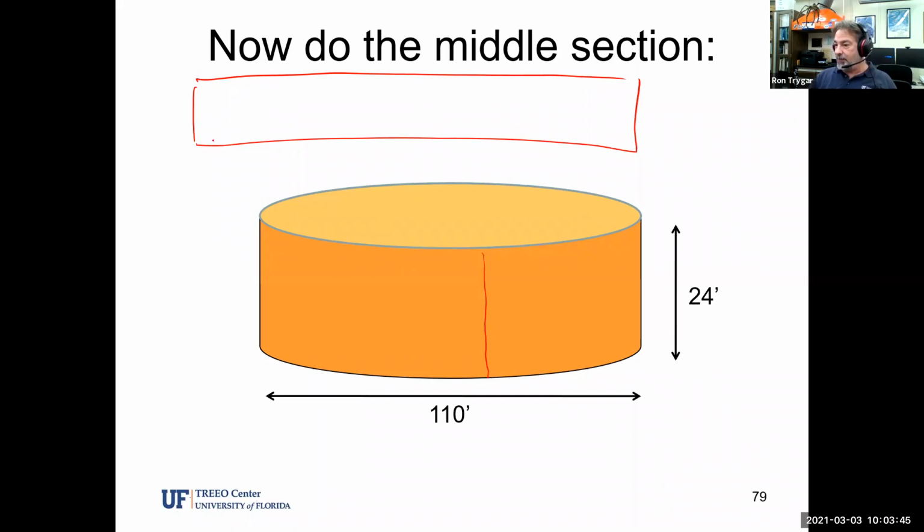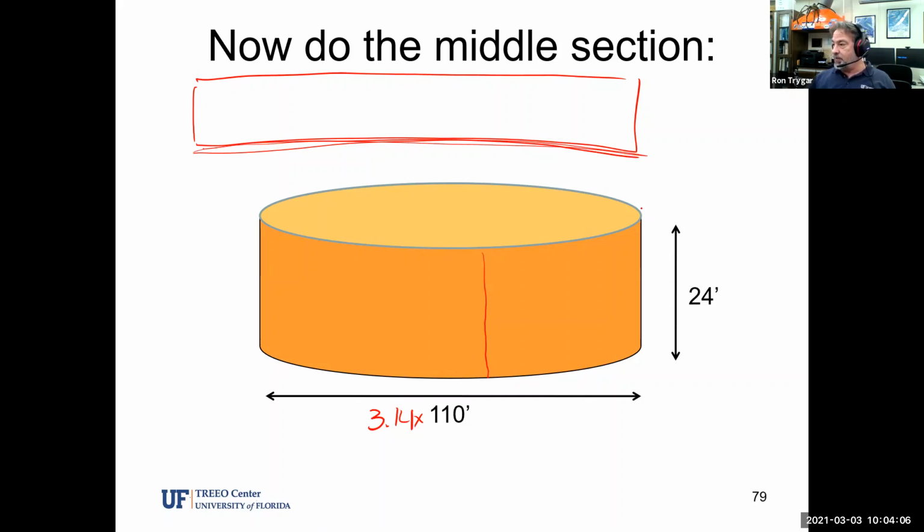The linear distance here would be whatever the circumference is. And remember how to do circumference. Circumference was 3.14 times the diameter. That's the linear feet.